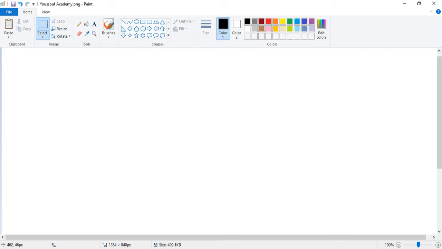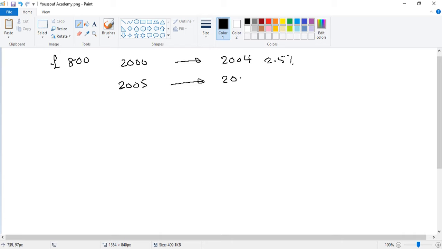So in 2000 the amount of money is £800. From 2000 to 2004, the interest is 2.5%, and from 2005 to 2007 the compound interest is raised to 3.5%.